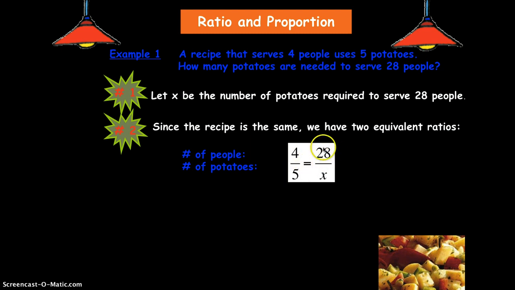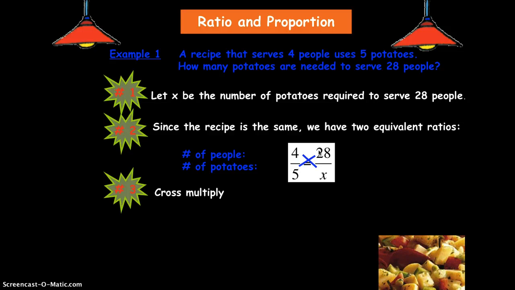For 28 people, we don't know how many potatoes we need. Because we wrote it this way, and you already studied how to cross multiply, use cross multiplication to solve this problem. Number 3, that's what we're going to do, cross multiply.